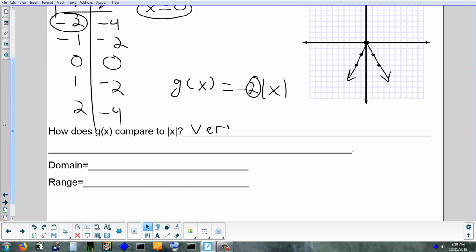It's a vertical stretch. I'm going to erase that negative for now. We'll come back to it. It's a reflection. Start with the 2. It would be a vertical stretch, stretch out by what?